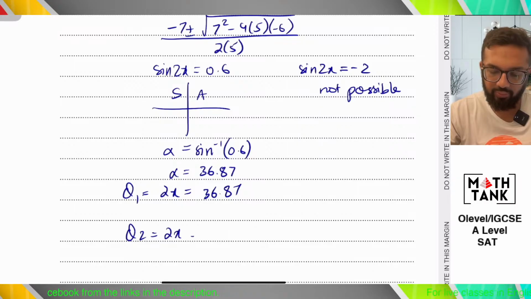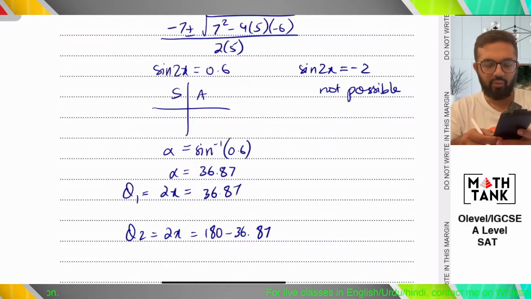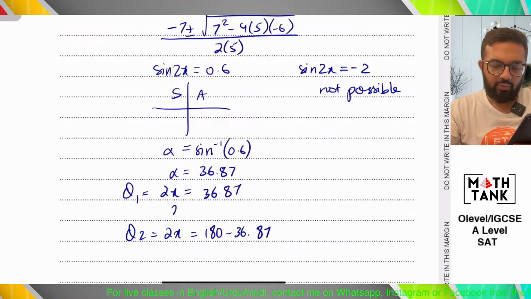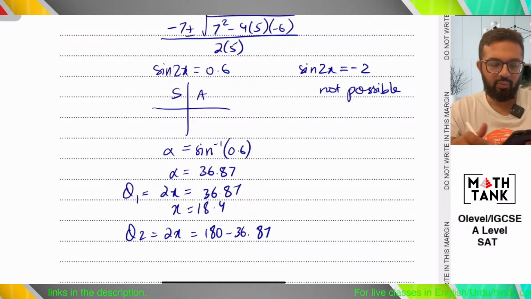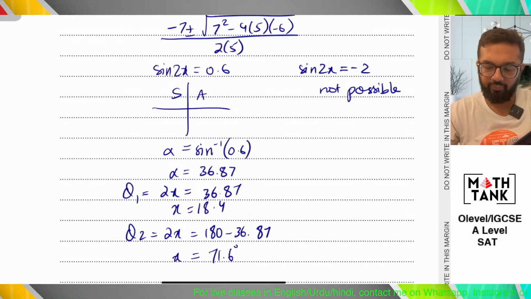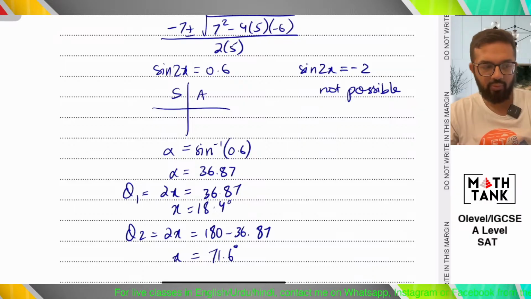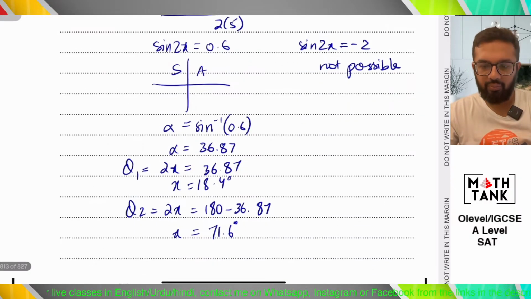Quadrant 2, 2x equals to 180 minus 36.87. X is 18.4 and 71 points. Okay.